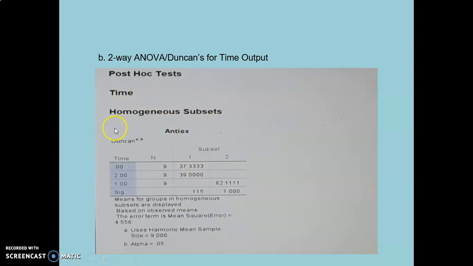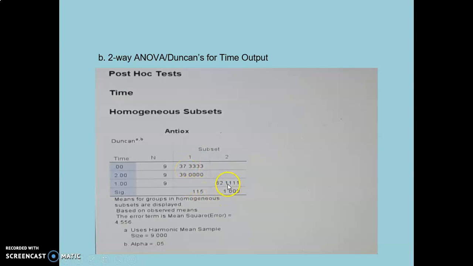Okay, so we do it first for time. Remember that our time is 0, 1, and 2. So when we do the post hoc, or the MMCT, for the factor time, the output gives us 0 and 2 hours in the same column, meaning that there are no significant differences between 0 and 2 hours of heating for antioxidant capacity.